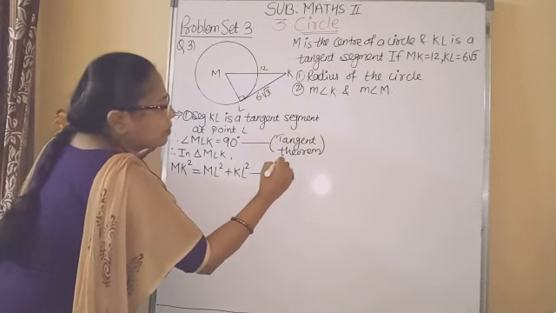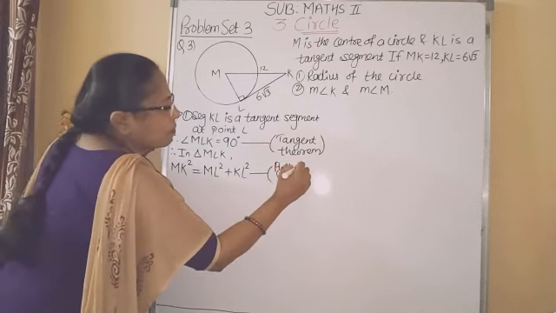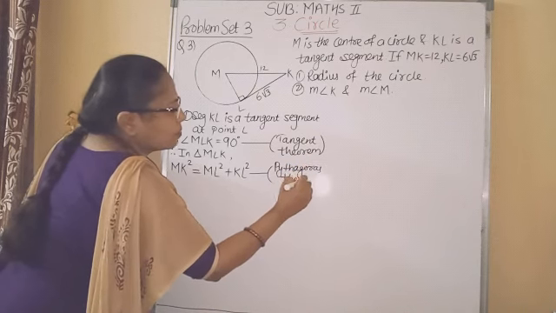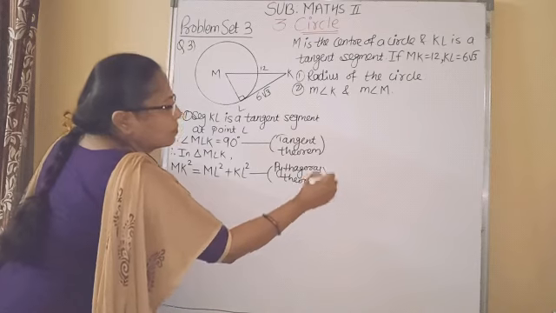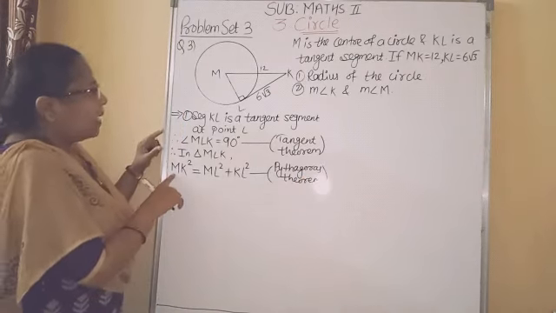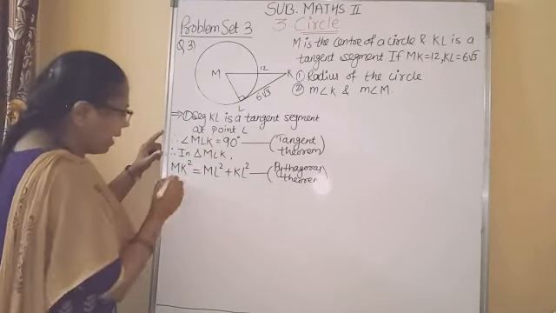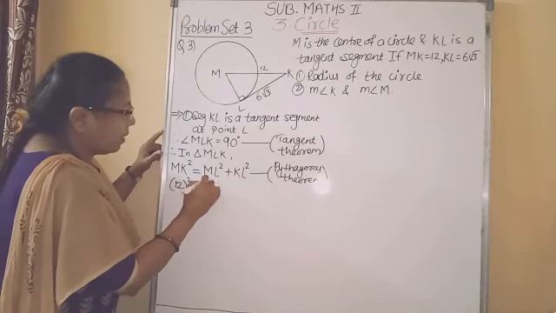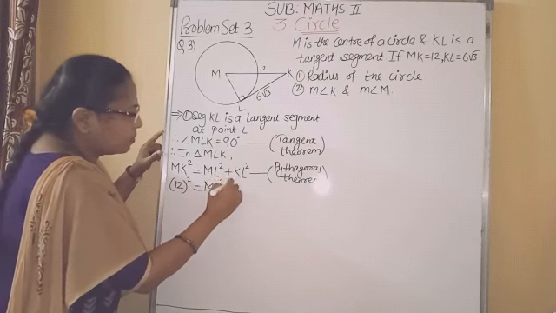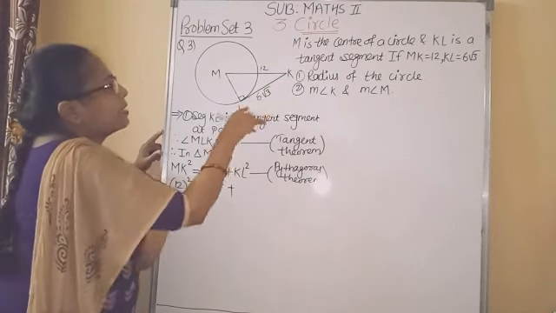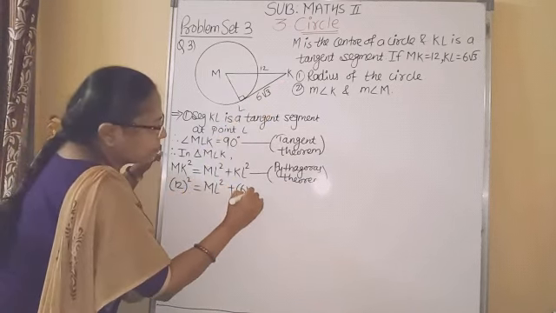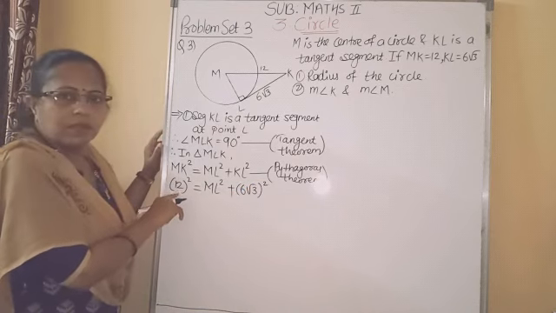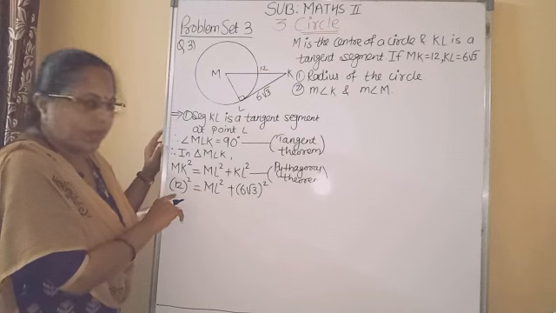And reason, Pythagoras theorem. MK is given 12, so 12 square, ML we don't know, and KL is given 6 root 3, so 6 root 3 square. Square of 12 is 144.